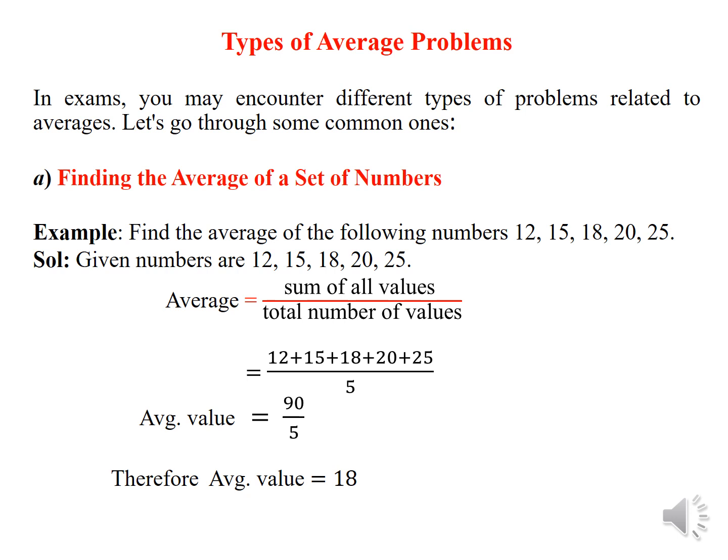We just add all the given numbers, 12, 15, 18, 20 and 25, and divide by the total count, which is 5. After adding all the given numbers, we got 90 divided by 5. After simplifying in the 5 table, we got 18. So therefore, the average value of the following numbers is 18.